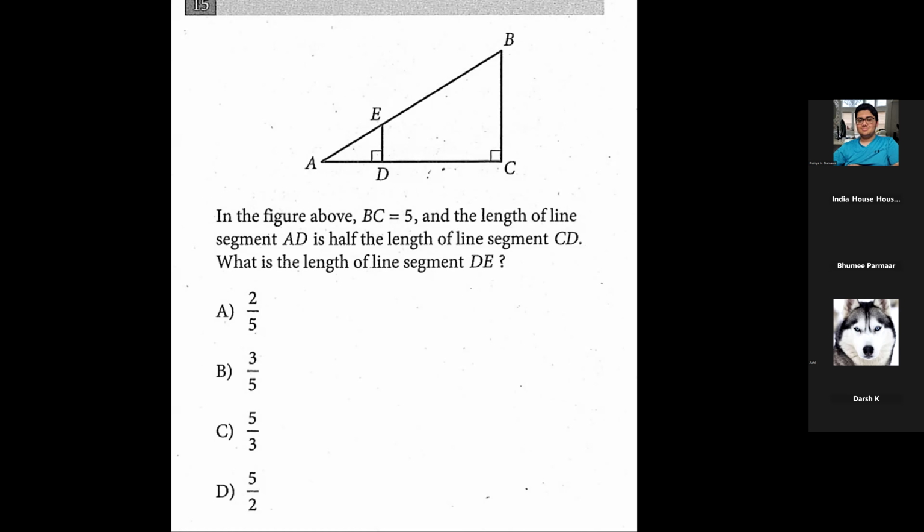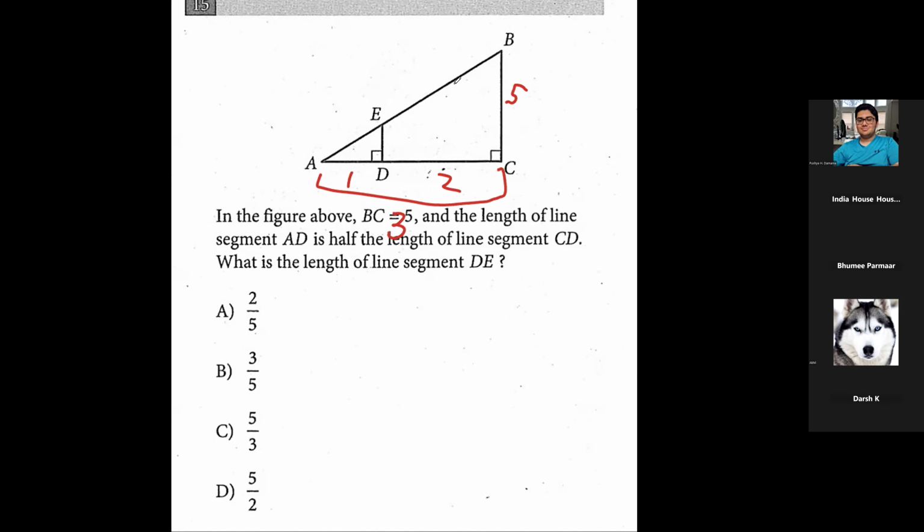Okay, so for question 15, BC is 5. AD is half the length of CD. I guess the better way to do this would just be saying this is 1 and this is 2, because this is half of CD, so that means the total length of this would be a ratio of 3.